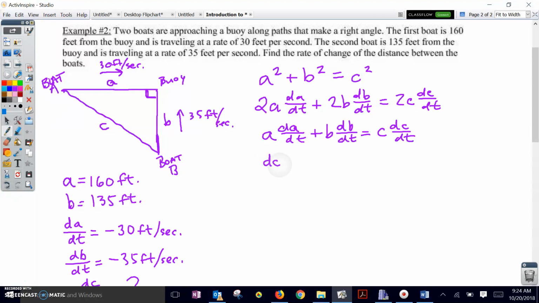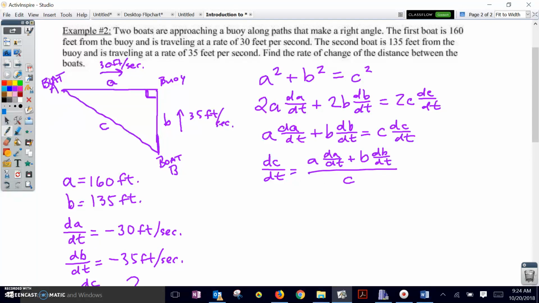So I'm going to divide both sides by c, and I get that dc/dt is equal to a da/dt plus b db/dt, all over c.